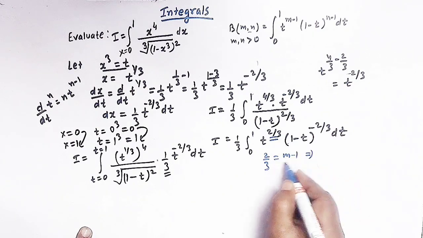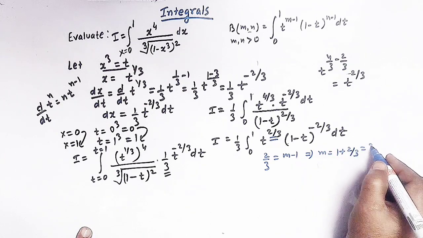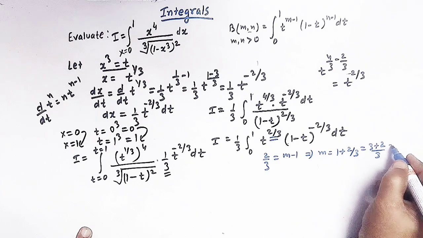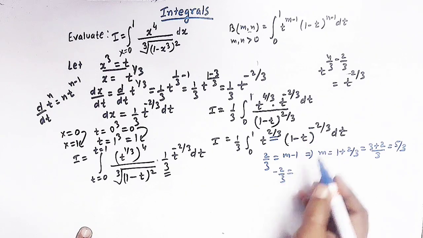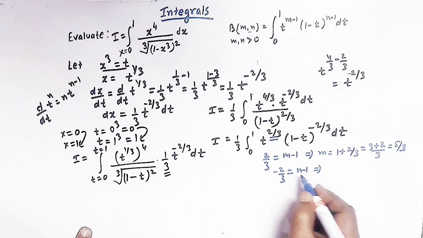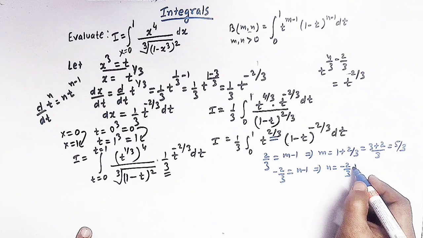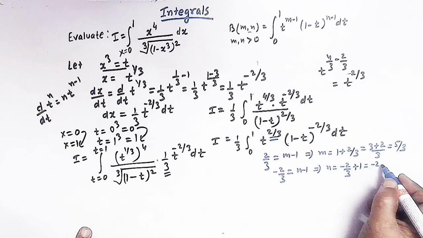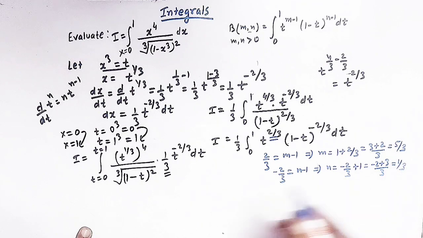So we can solve this equation. So we have m is equal to 1 plus 2 over 3, that is (3 plus 2) over 3, that is 5 over 3. And similarly here we have minus 2 over 3, and here we have n minus 1. So solving this equation for n, we can now write minus 2 over 3 plus 1. So this is (minus 2 plus 3) over 3, that is 1 over 3, right?